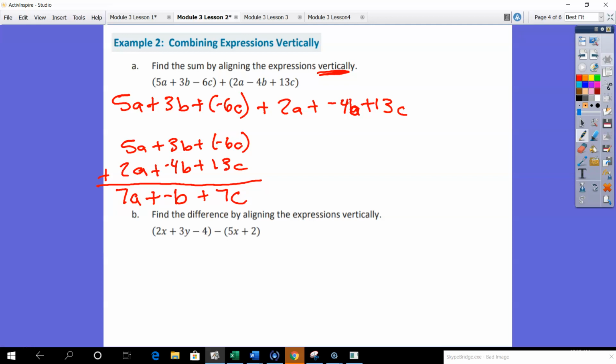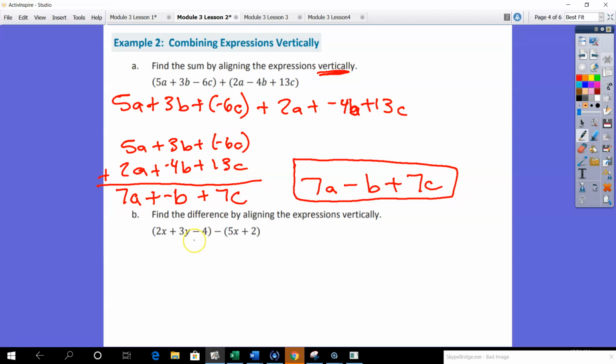Subtraction is the same as adding the opposite, which is what we have. So 7a minus b plus 7c. No like variables there. No like terms. So that's all. And then in part B, we're going to do the same thing.